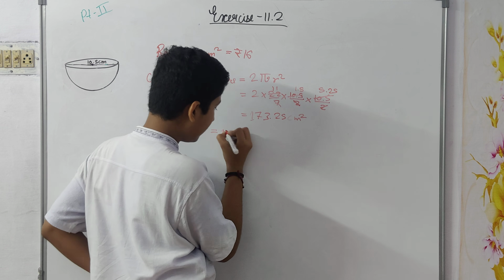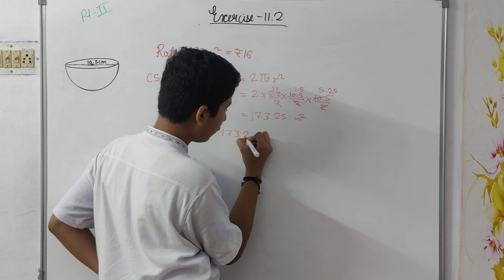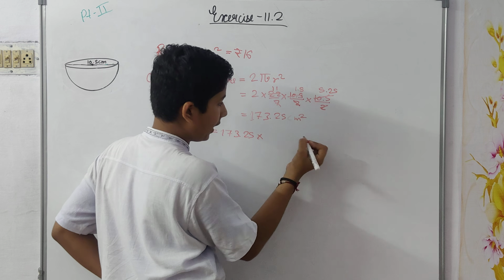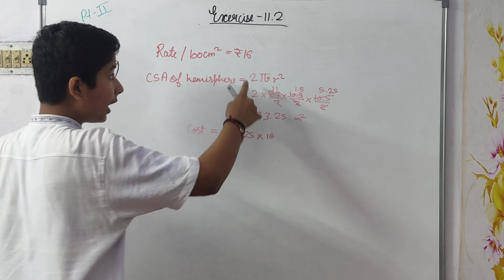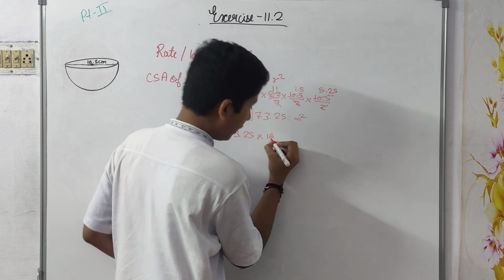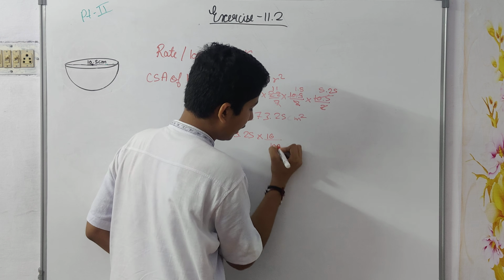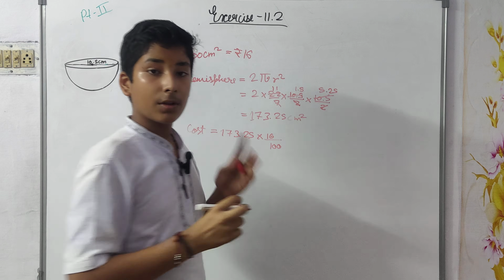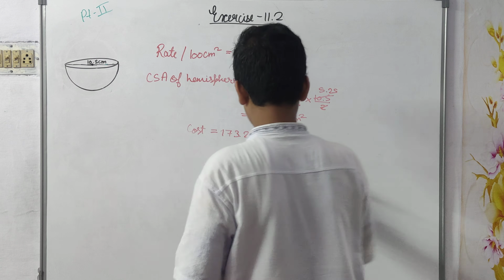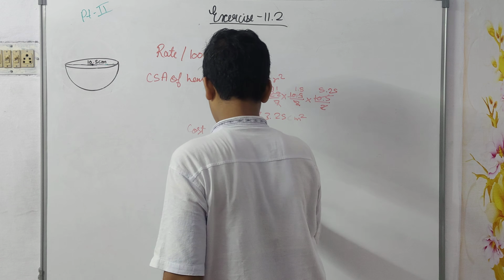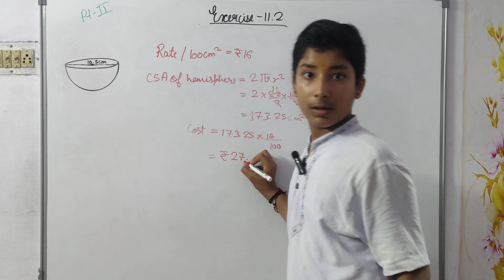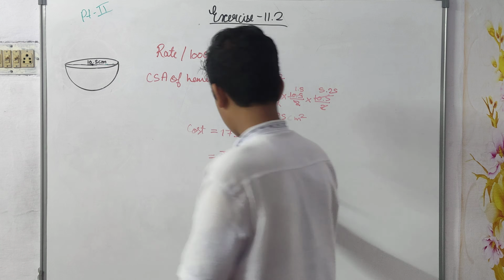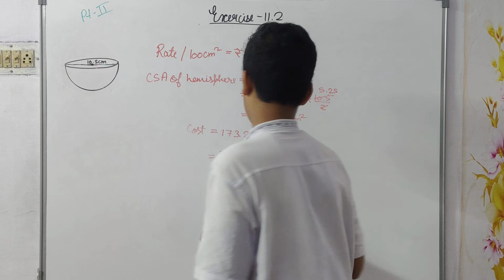So cost equals 173.25 multiplied by 16. But it is per 100 centimeter square, means divided by 100. When we solve this, we get the answer as rupees 27.72.